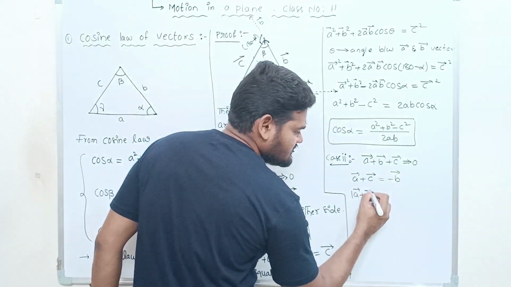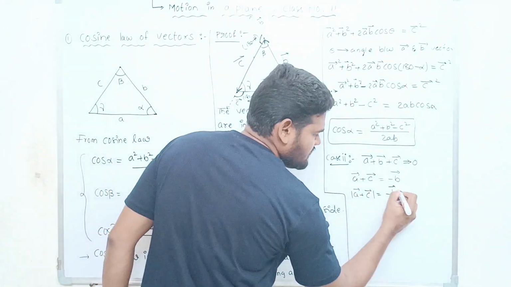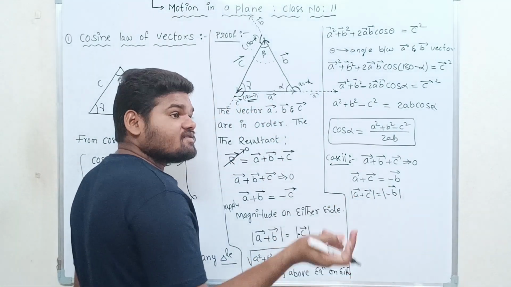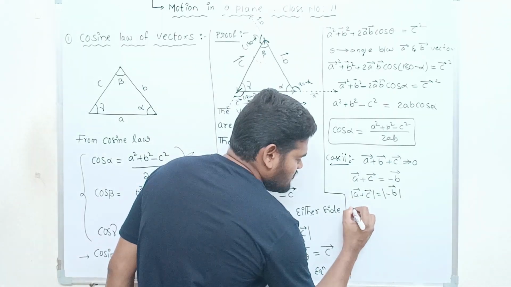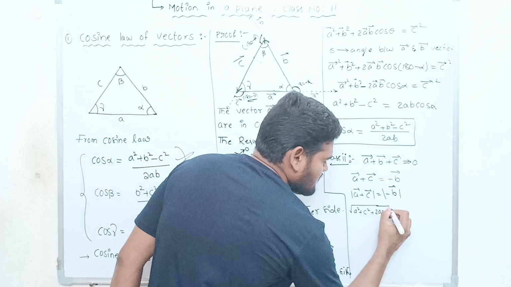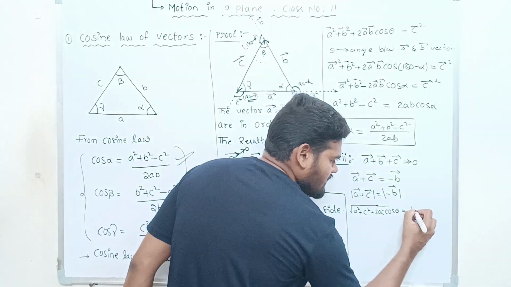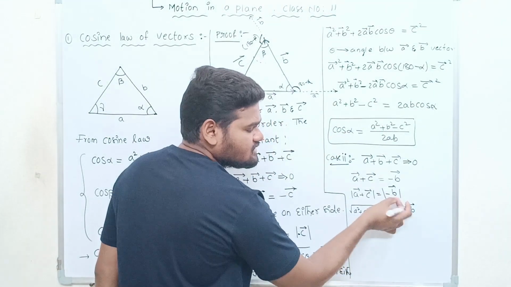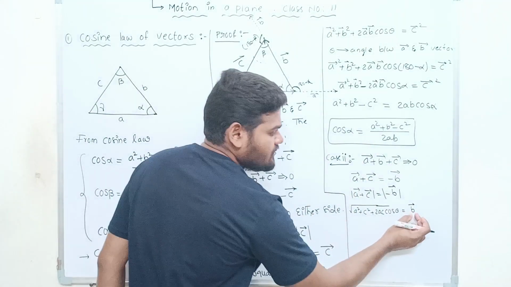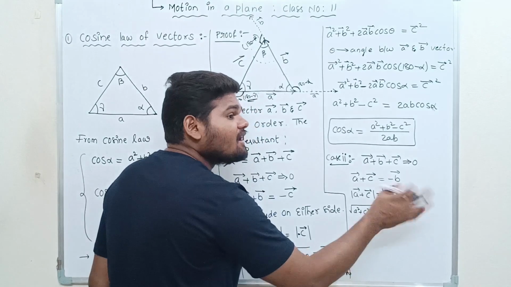So the magnitude of A bar plus C bar is equal to the magnitude of minus B bar. After applying the magnitude, it becomes the resultant of the two vectors. That becomes under root of A square plus C square plus 2AC cos theta, and this is equal to B bar because it is in magnitude. Any term which is in magnitude, if it comes out from the magnitude, becomes a plus term. We have to square on either side.